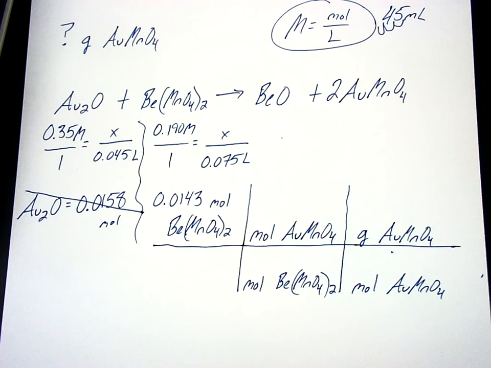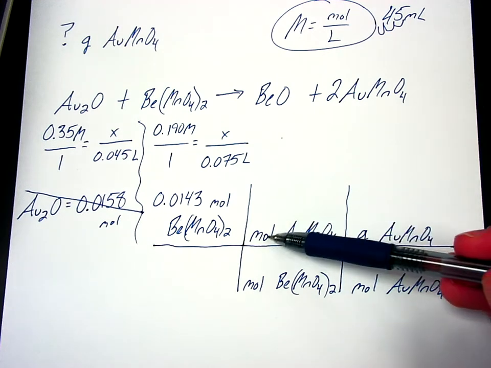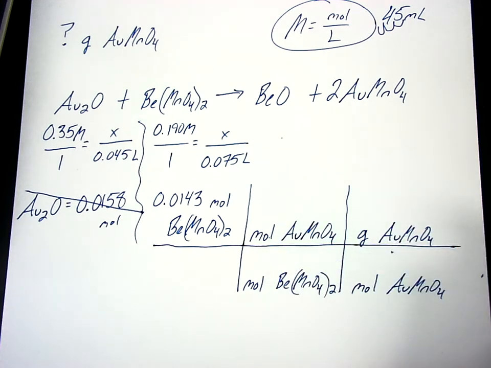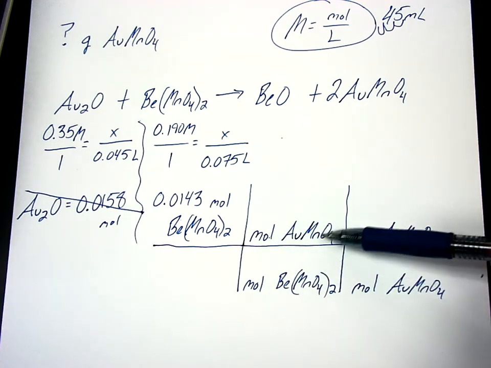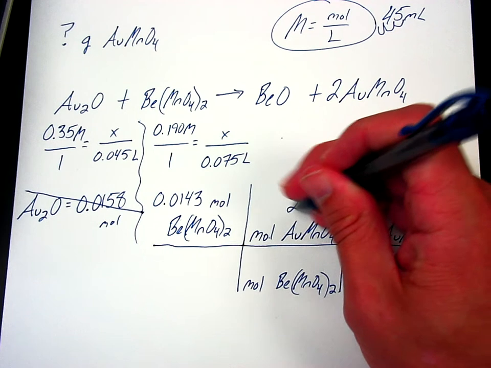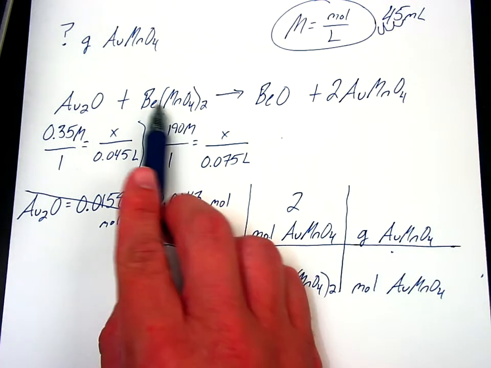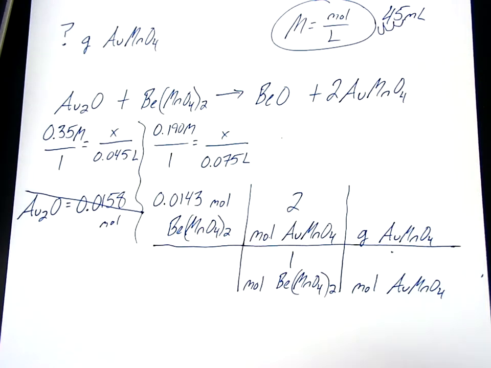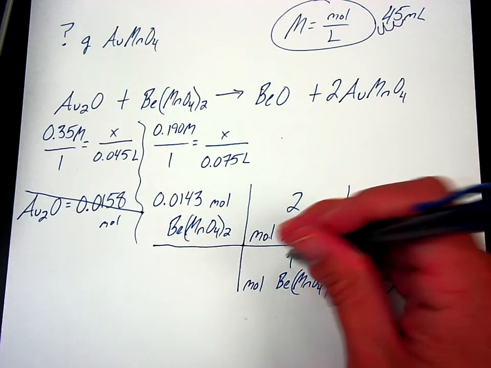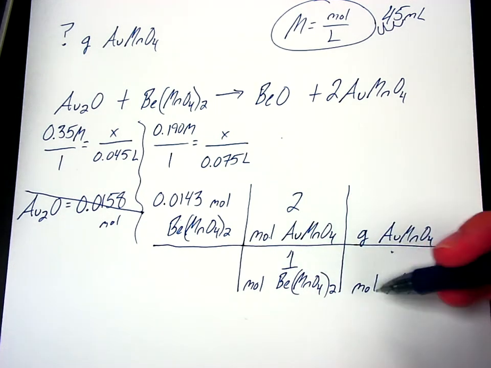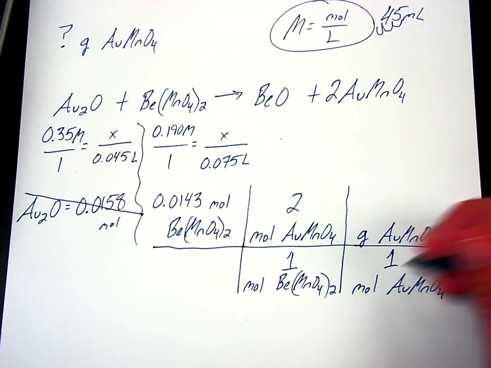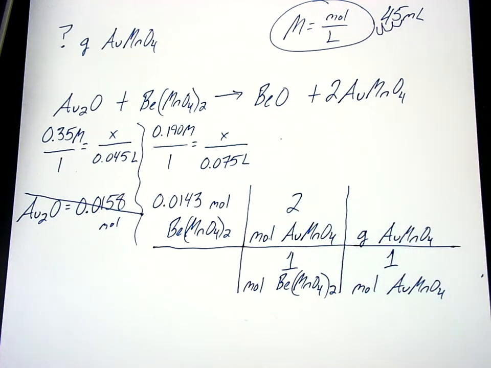And now we can set our stuff up. So we've got moles over moles, which we know is always coefficients. The coefficient of the gold permanganate is 2. The coefficient of the beryllium permanganate is 1. When grams is over moles, or when they're being compared rather, it's always 1 mole equals periodic table grams.